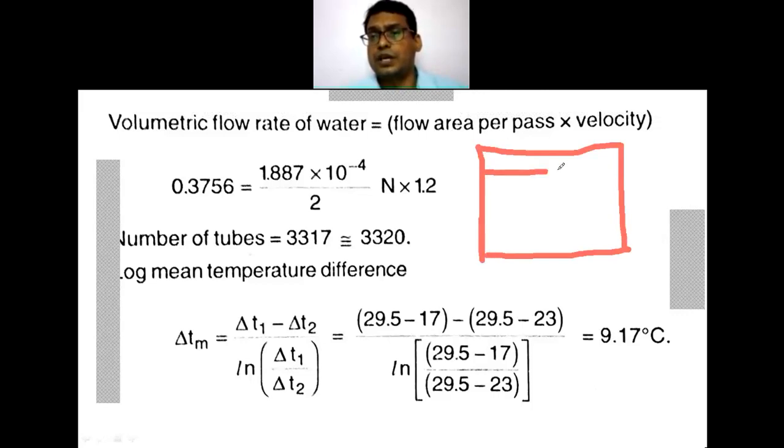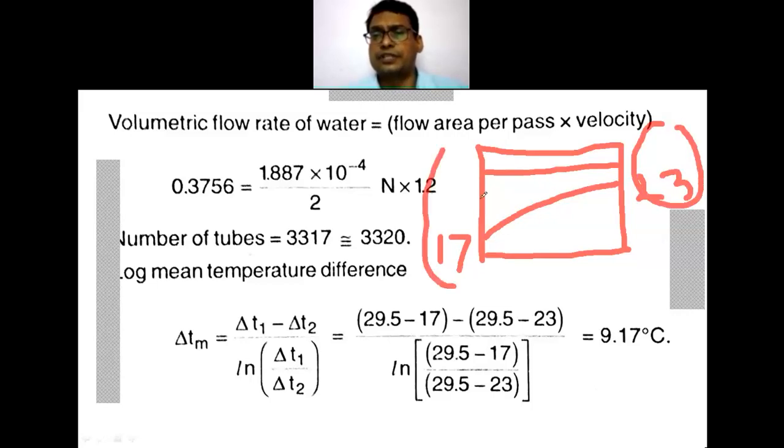This is the temperature curve for the steam, and the slight temperature increase there will be. The outlet temperature is 23 degrees Celsius. So take the temperature difference at this end minus the temperature difference at the other end, and your log mean temperature difference comes as 9.17 degrees Celsius.